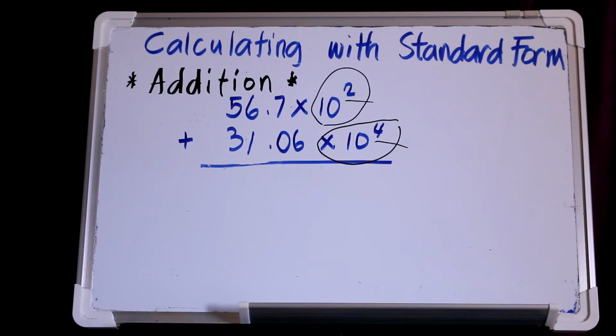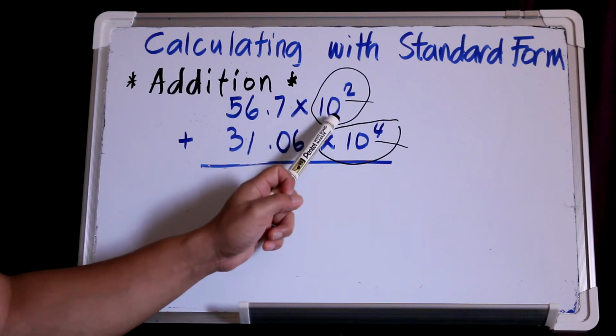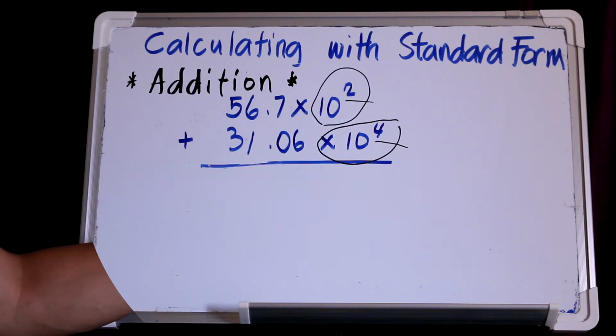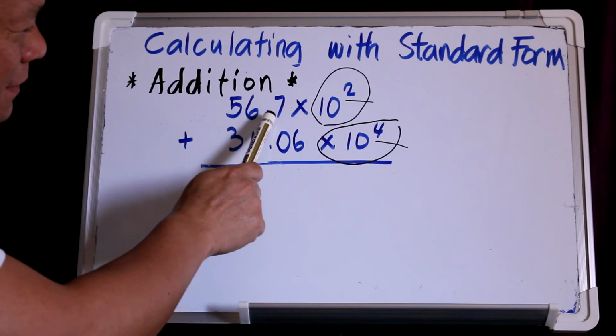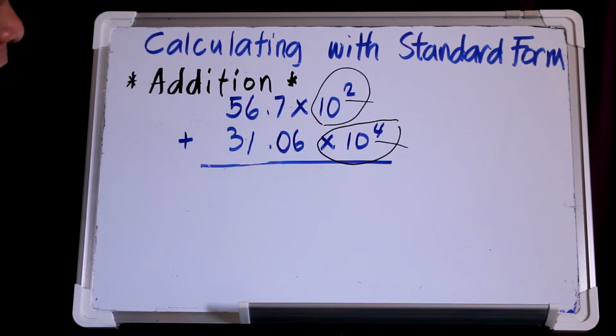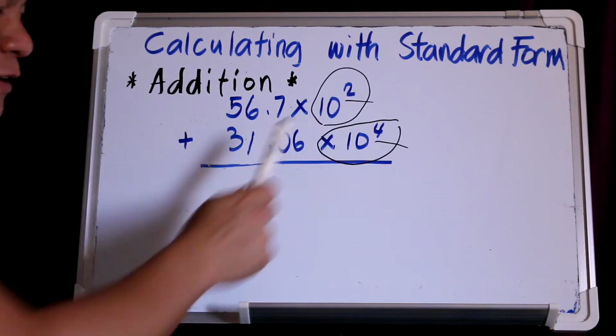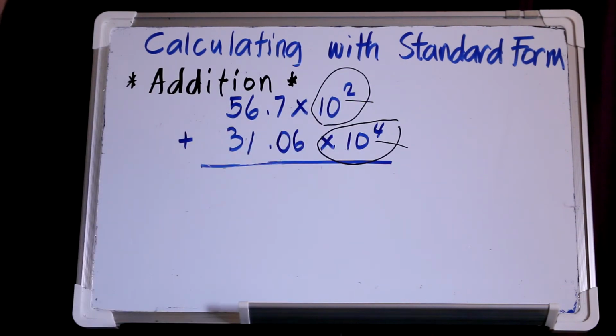Now the rule in adding standard form is that we need to have the same powers. So you have two ways. You can change 10 to the power of 2. If we move the decimal point to the right, the power decreases, and if we move it to the left, the power increases.